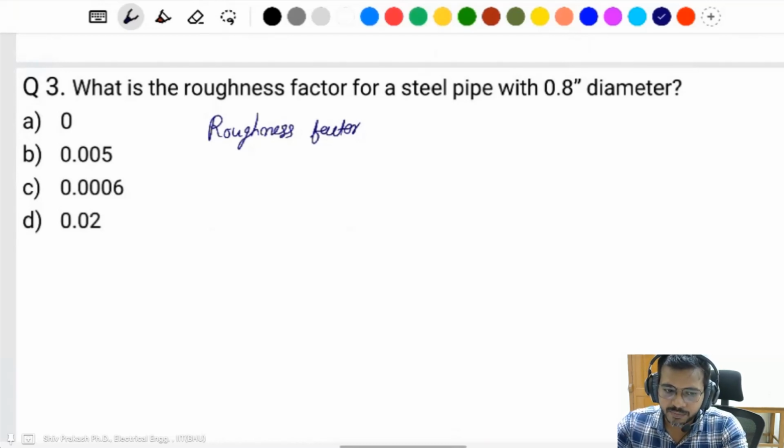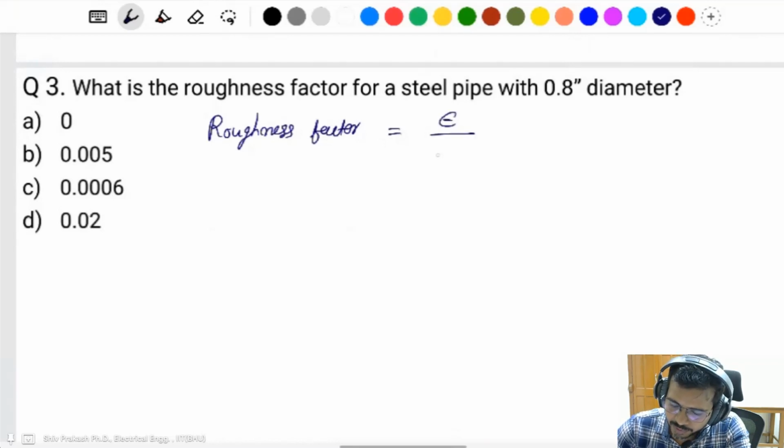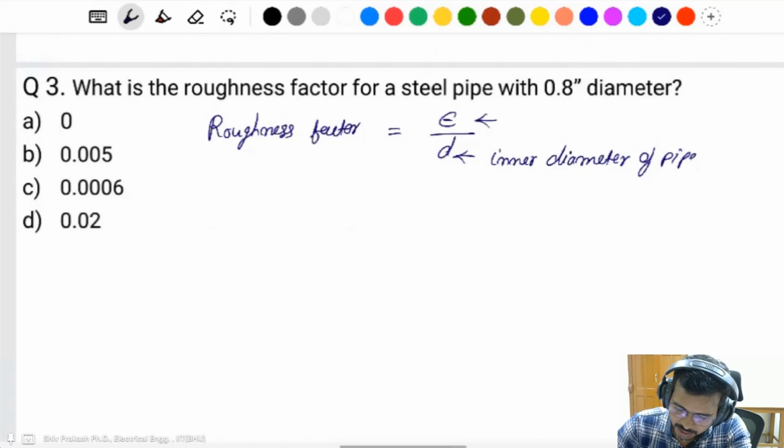There is some roughness ratio. It will be divided by the diameter, where D is the inner diameter of the pipe. Epsilon is a roughness constant of the material. Different materials have different roughness factors.